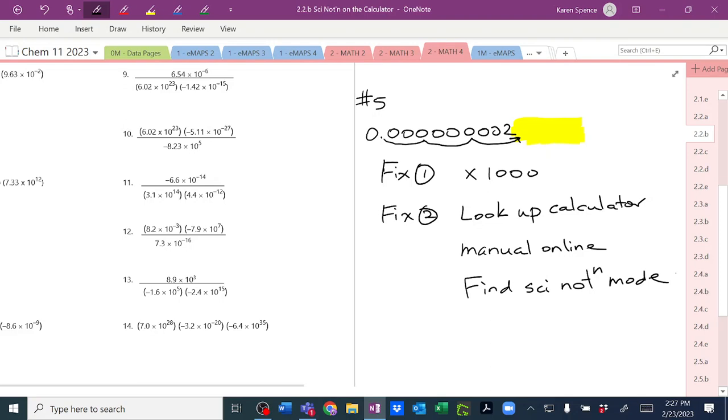Now let's say you want to go back to normal notation. Well, what'll happen is, let's say that you have right here.